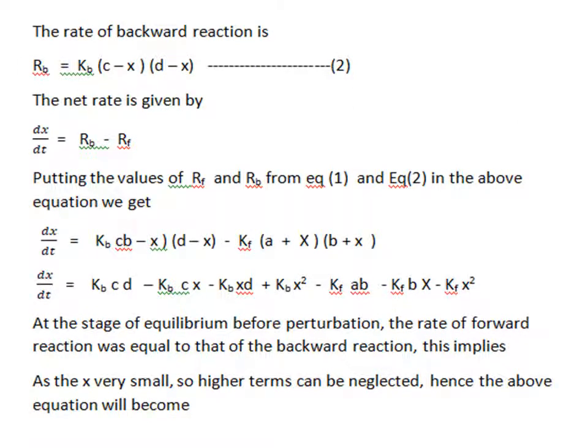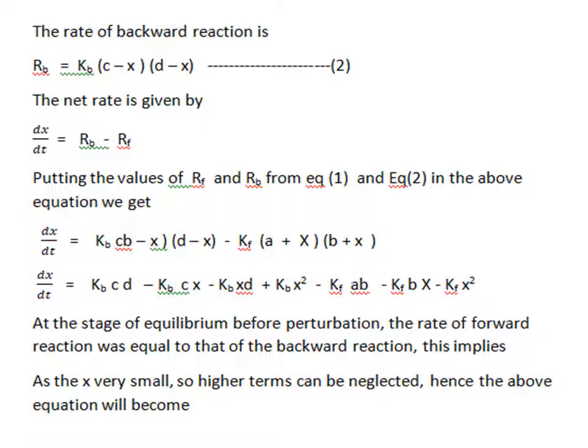Similarly, rate of backward reaction is Rb, that is equal to Kb into C minus X into D minus X. This is equation number 2.